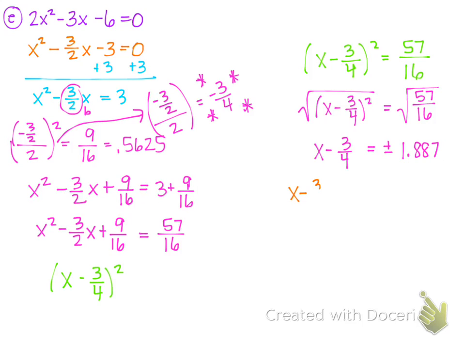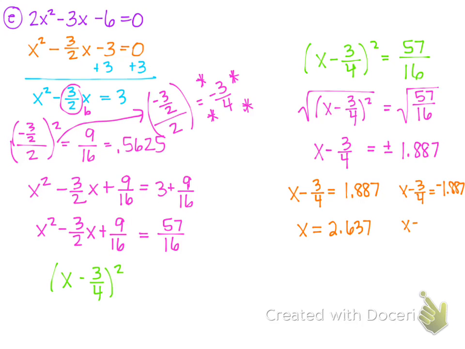x minus 3/4 is equal to a positive 1.887. Then we have x minus 3/4 is equal to a negative 1.887. Sorry, I'm running out of room. So when we add 3/4 to both sides, and you can leave your answers as decimals, you get 2.637.